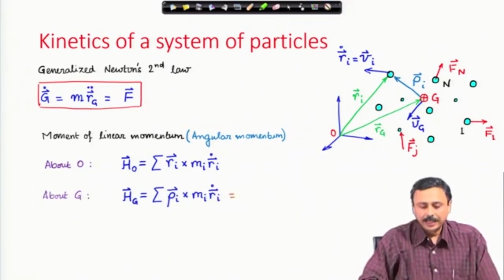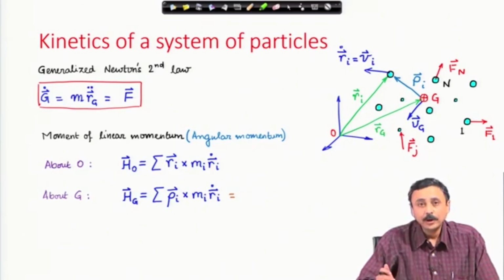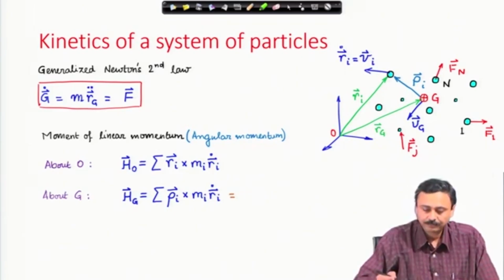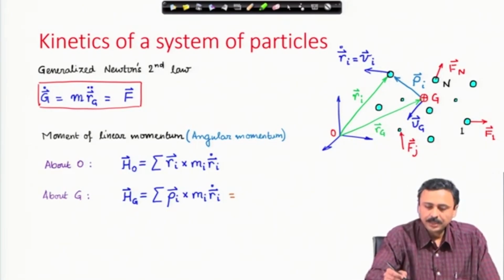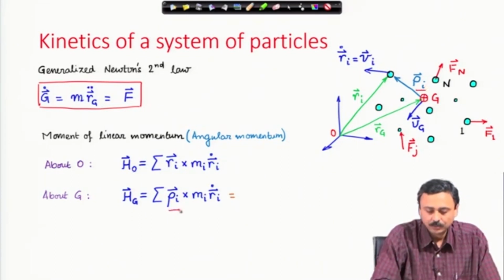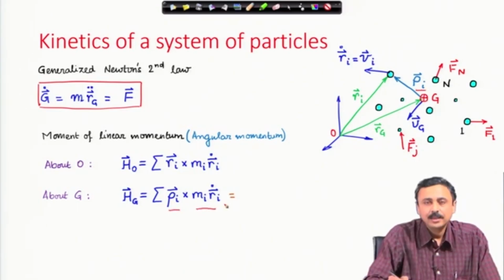Then we had also calculated the angular momentum about the point G, the center of mass. Here we took the cross product of this moment arm, rho_i vector, rho_i cross m_i r_i dot, which is the absolute linear momentum.